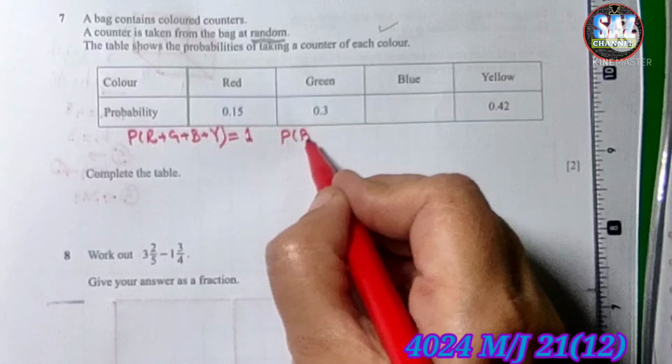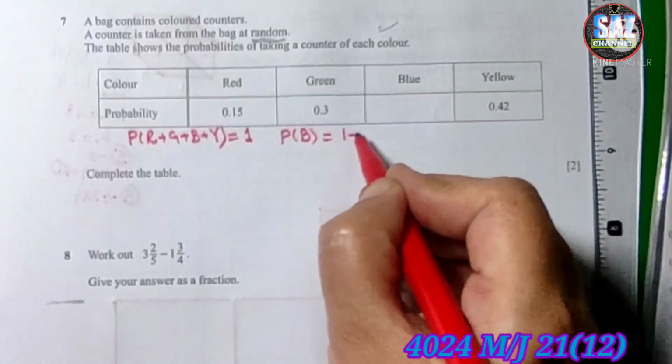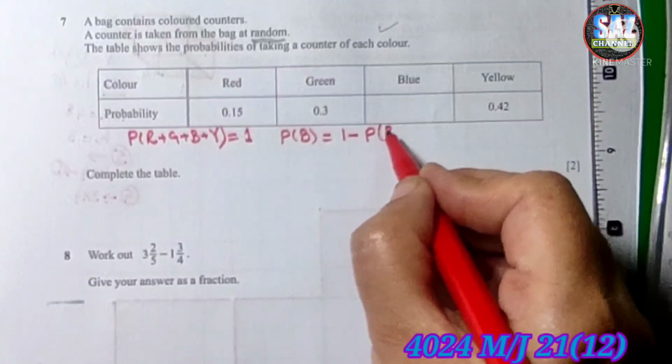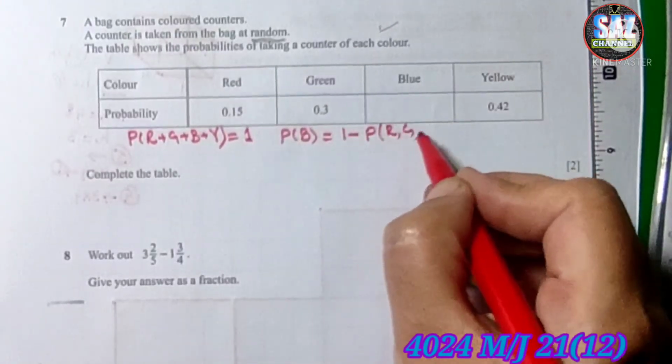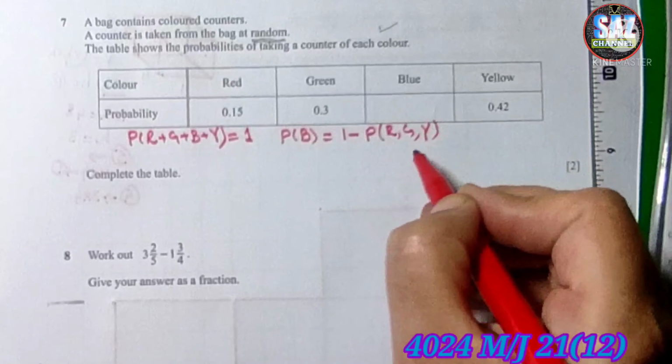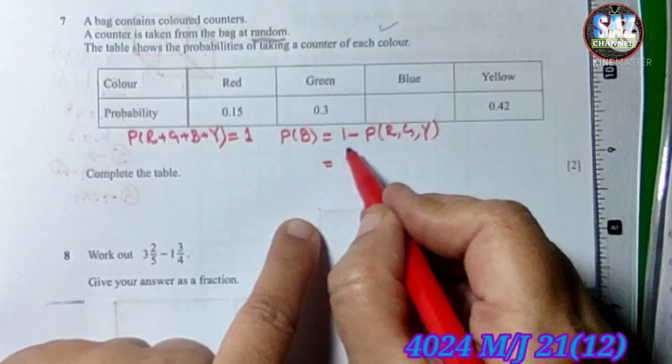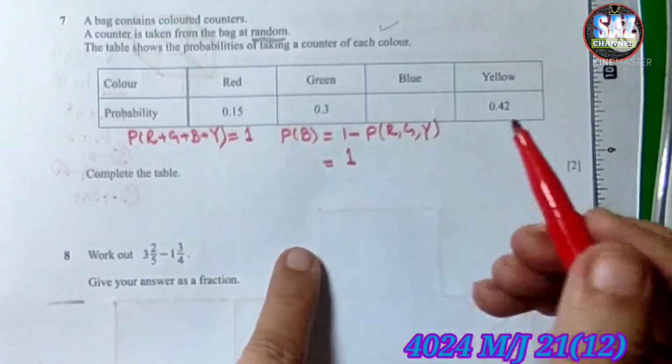Probability for blue equals 1 minus the probability of red, green and yellow. And now we have to make use of the complementary events.